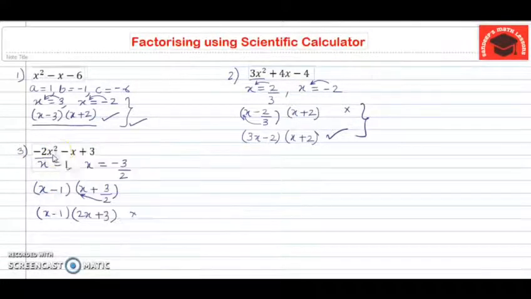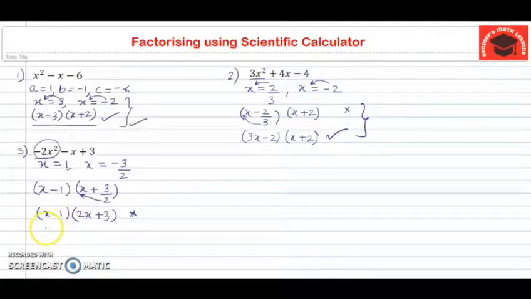When we have a negative x squared term, we have to be very careful. So the factorization doesn't stop over here. It goes one more step.